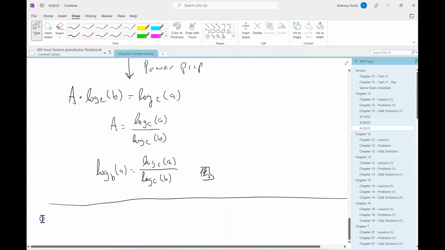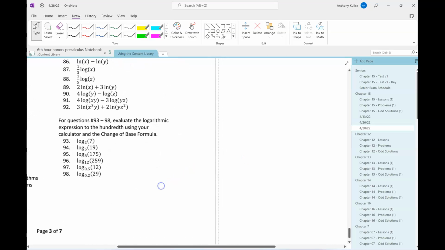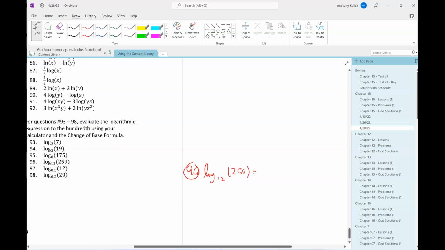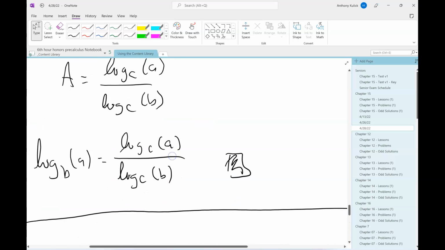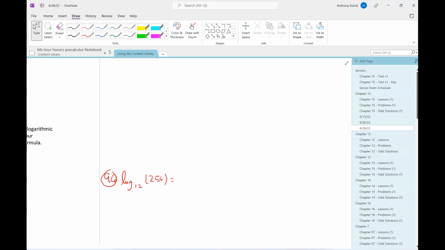Yeah. Sure. We can do 96. It's as good of an example as any of them. It says, evaluate the logarithm or logarithmic expression to the hundredth using your calculator and the change of base formula. So 96 says log base 12 of 259. So using the change of base formula, the power of the change of base formula is I get to pick what c is. My suggestion to you would be to use c as either the common log or the natural log.